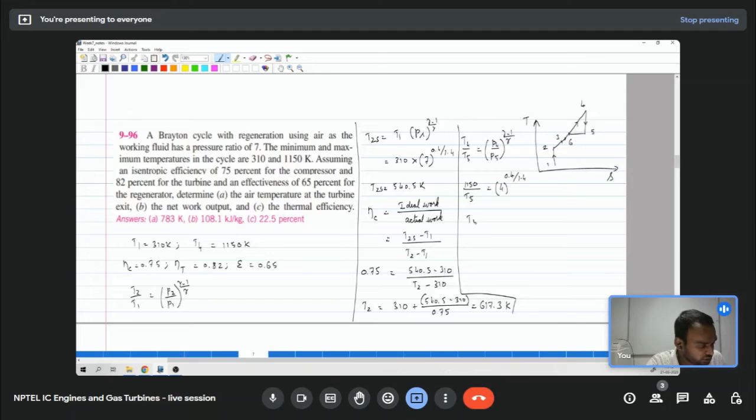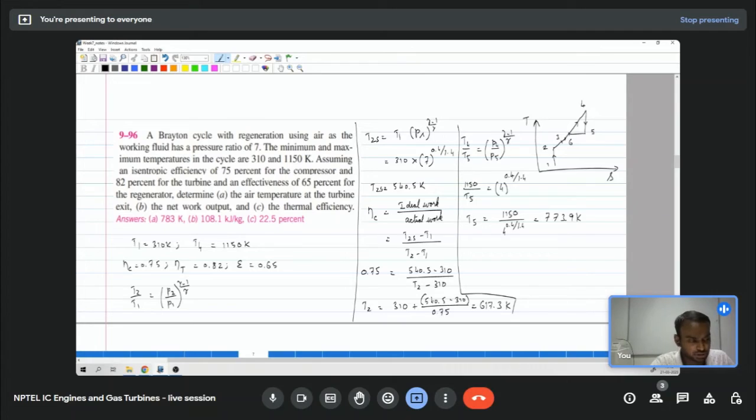So T5 is equal to 1150 divided by 4 to the power 0.4 by 1.4. So this is 773.9 Kelvin.